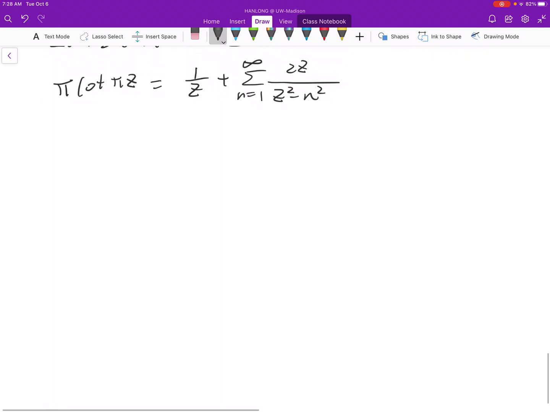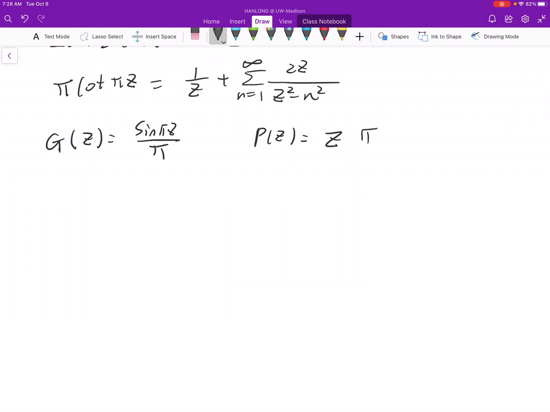Okay, then we note that let g(z) equal sine pi z over pi, and p(z) equals z times the infinite product.